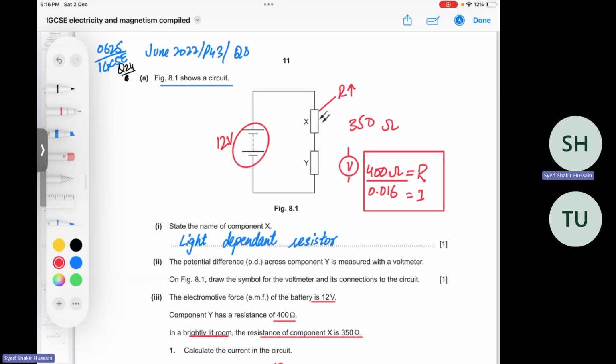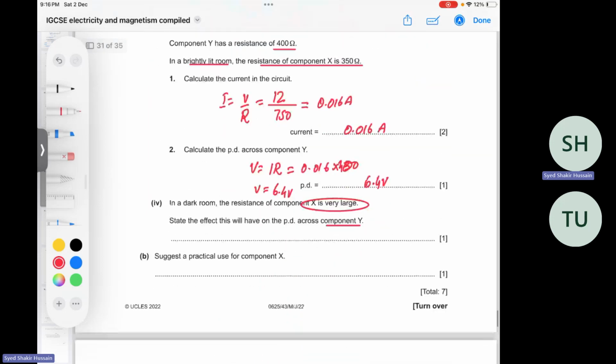Yes, X will need more voltage. So when the voltage of X increases, the total is 12, and that 12 is being divided. What will happen to the voltage across Y? It will decrease, because the increase in voltage here is taken from a portion of the voltage of Y, right? So I'll simply write that in a dark room, PD across component Y will decrease.